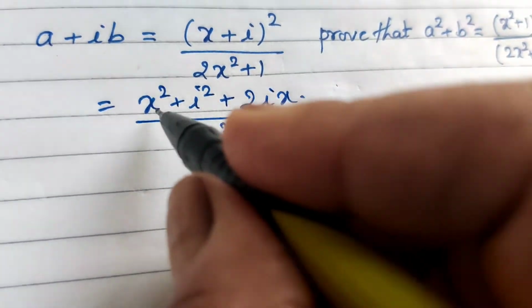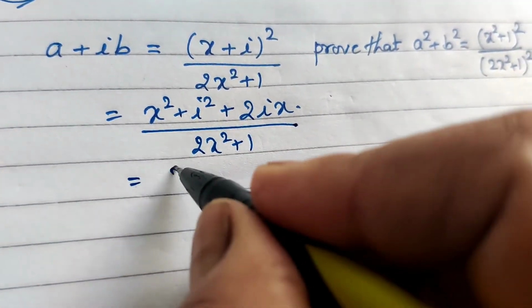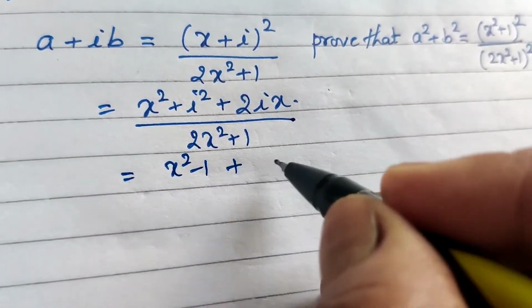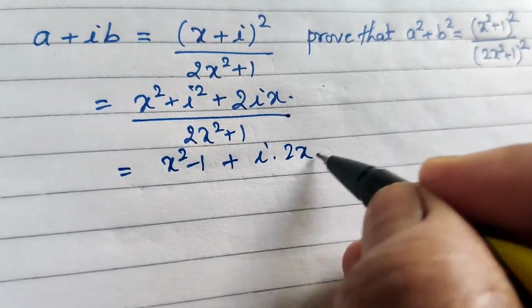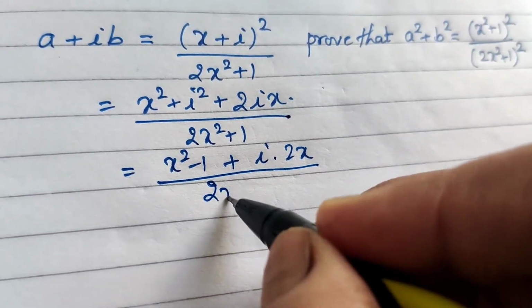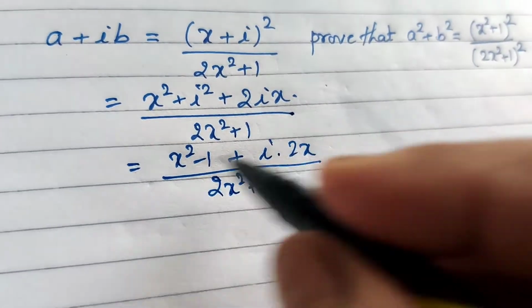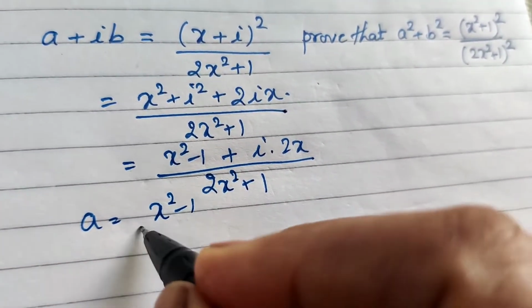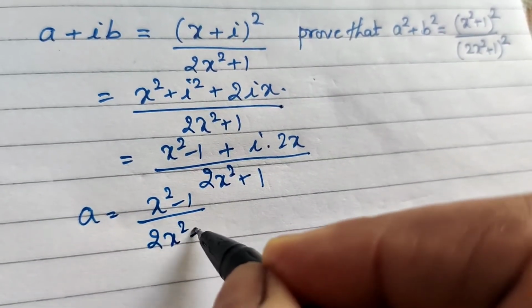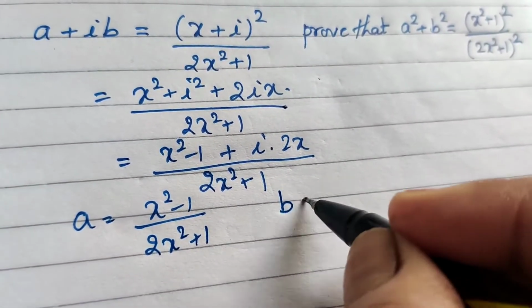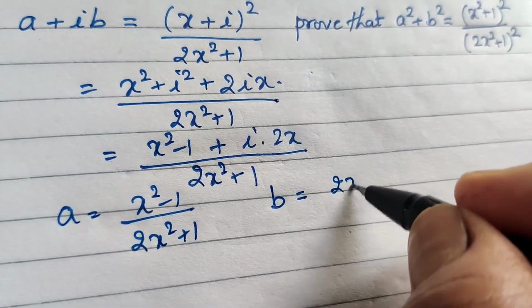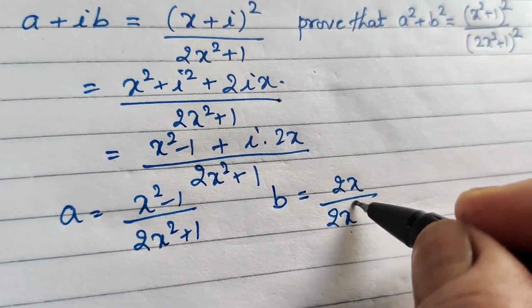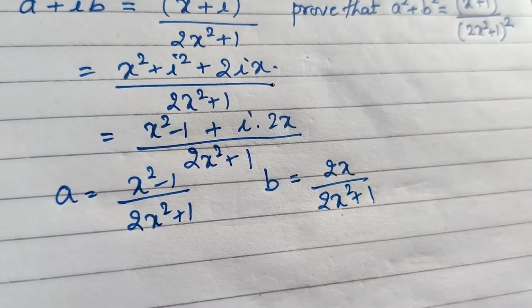It is equal to x square minus 1 plus i into 2x, by 2x square plus 1. Now comparing, a equal to x square minus 1 upon 2x square plus 1 and b equal to 2x upon 2x square plus 1.